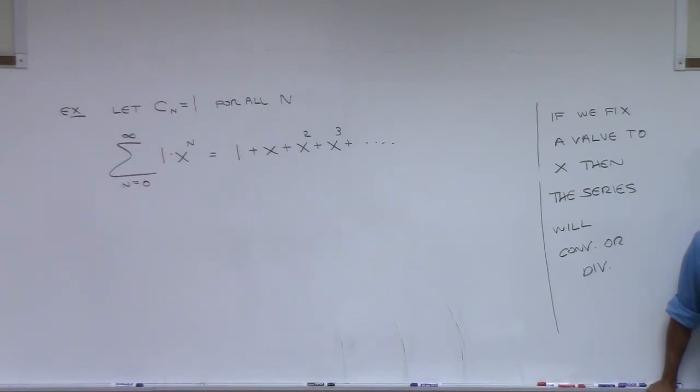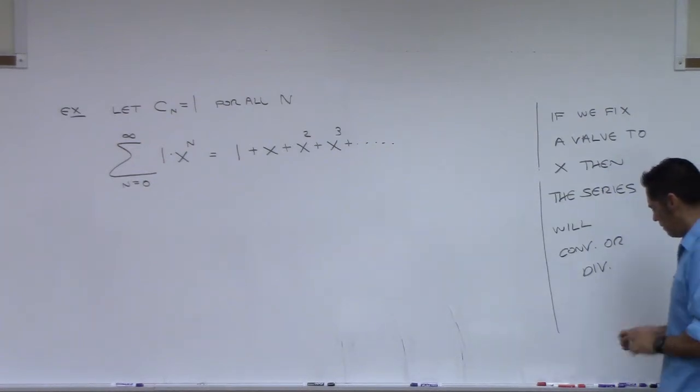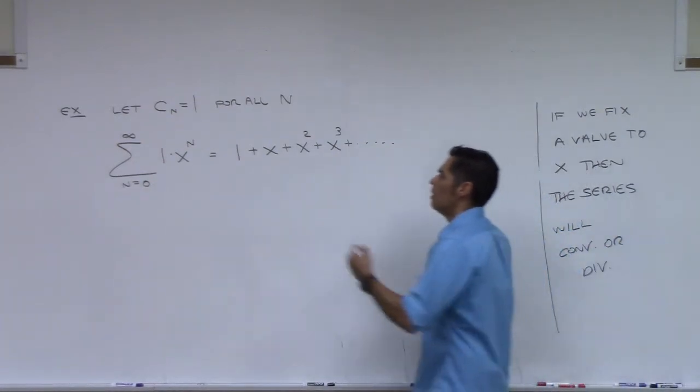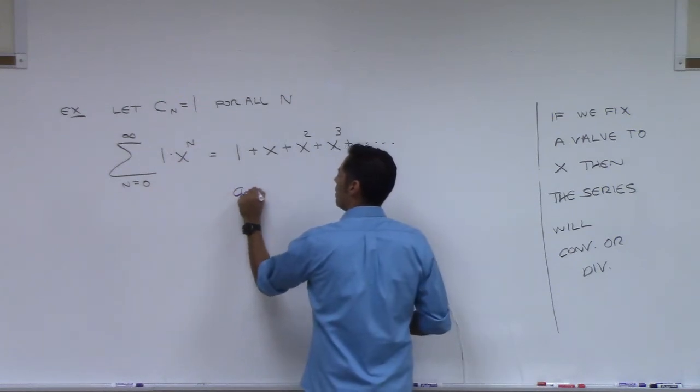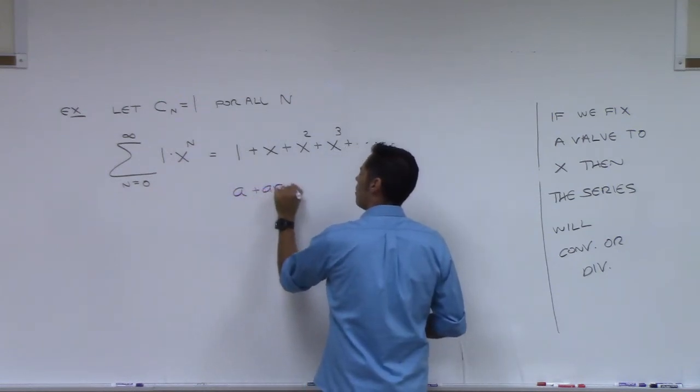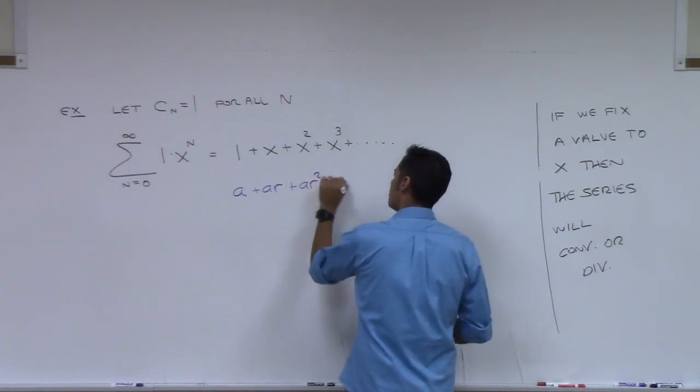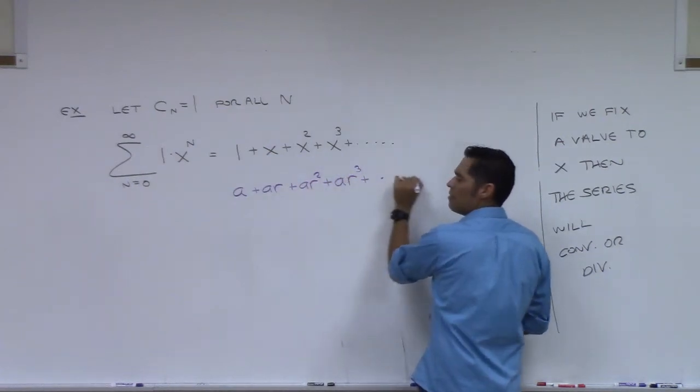Now, do y'all remember what a geometric series looks like? It looks like a plus ar plus ar squared plus ar cubed plus, isn't that what it looks like?